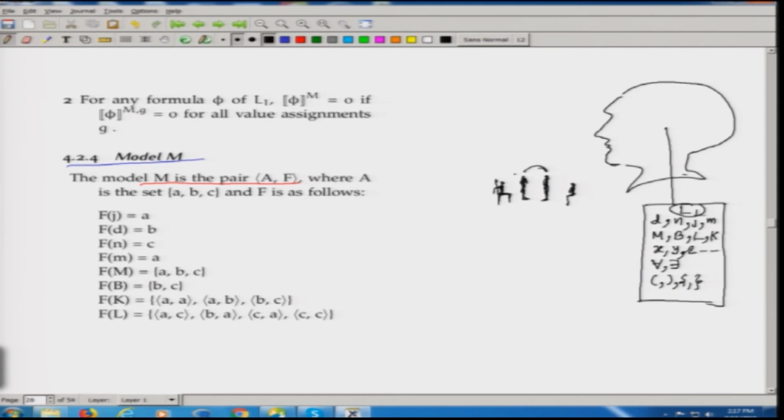So, the reality, if you have this as your reality, consists of 3 things: A, B and C. A is one person, A has 2 names. Yes, A has 2 names, J and M. So, A is connected with these 2 names, J and M.